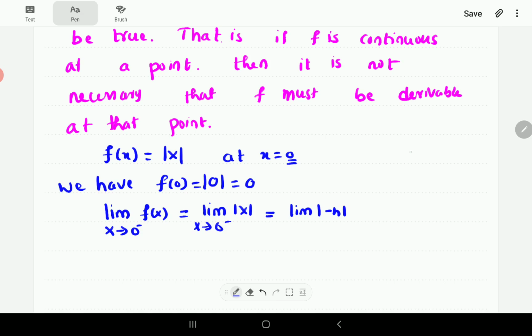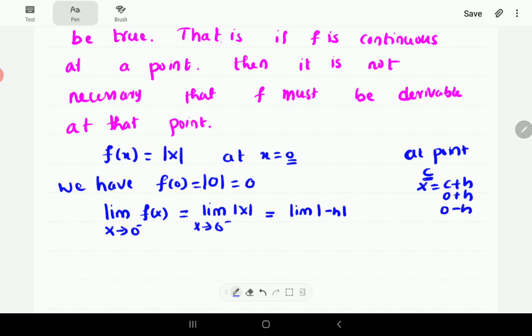As you have seen previously, if you are saying it is continuous at a point c, then you should put x as c plus h for the right hand side. But here our point is x equal to 0, so from the right hand side it is 0 plus h, and from the left hand side it is 0 minus h.